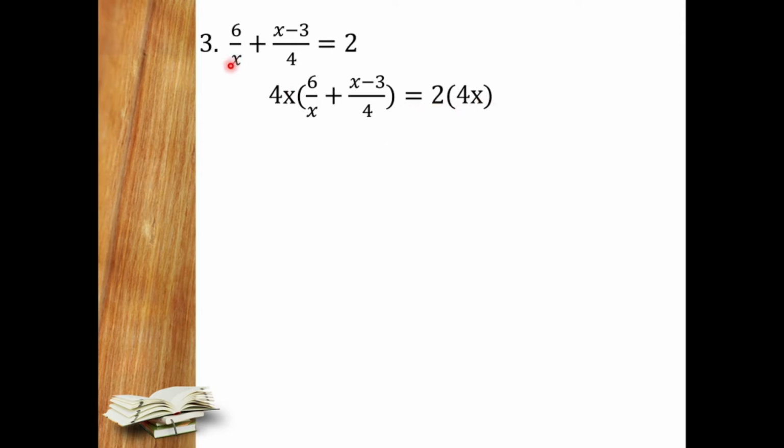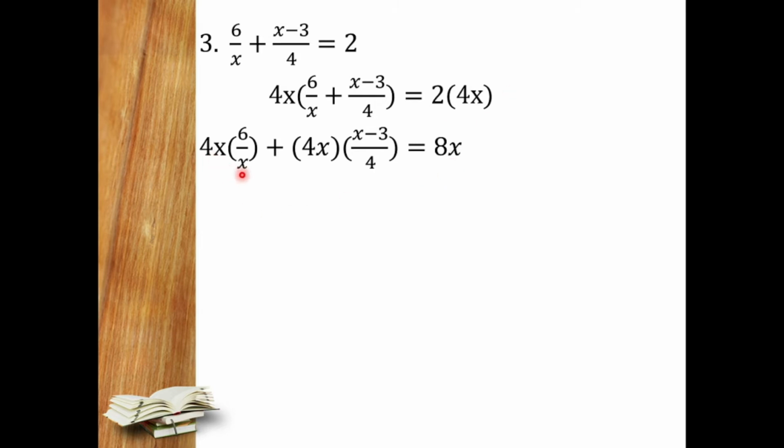So, kung ano yung minultiply natin dito sa left side, dapat gagawin din dun sa right. So, we multiply 4x to the two terms. Ito isi-simplify lang natin. So, therefore, 4x times 6 over x, i-distribute kasi natin, plus 4x times x minus 3 over 4, equal to 2 times 4x, which is 8x.